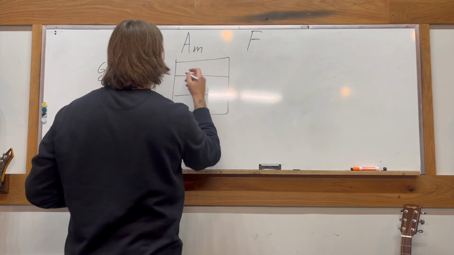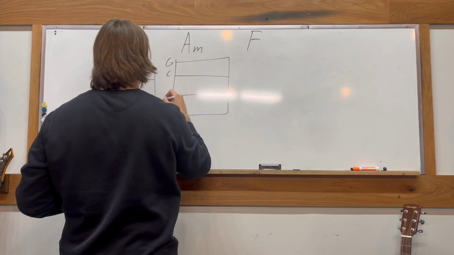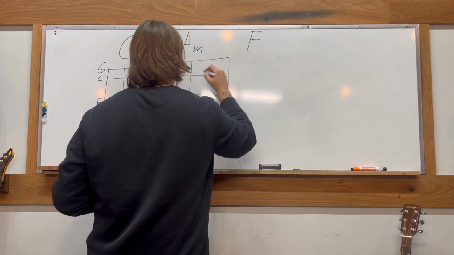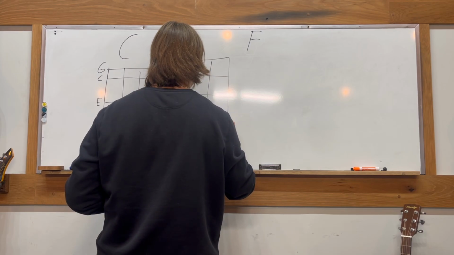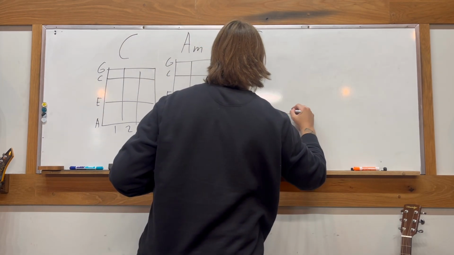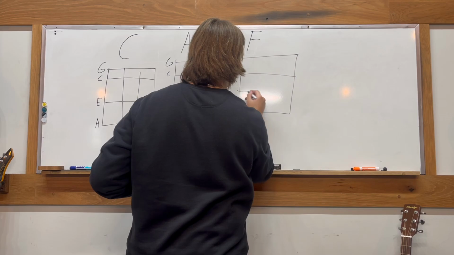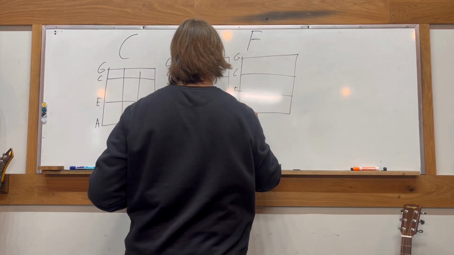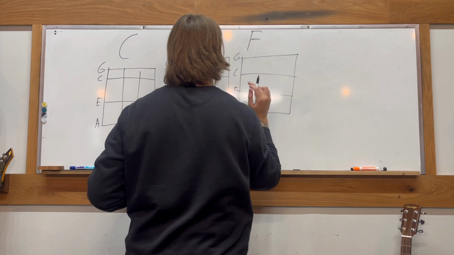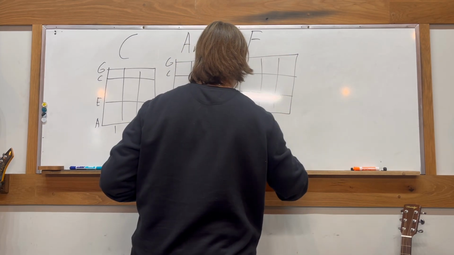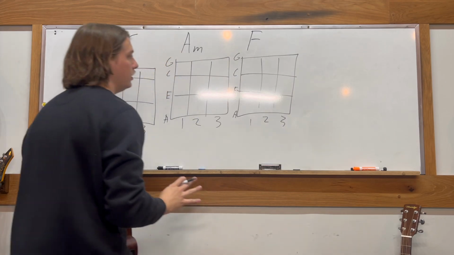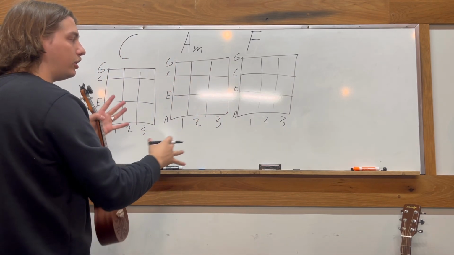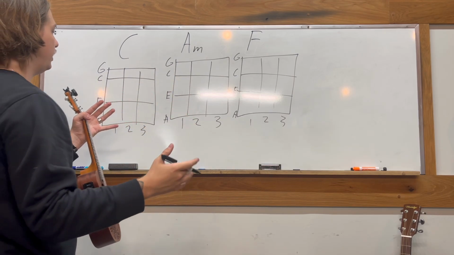In the last lesson, we learned how to read these chord diagrams. So if you are still confused on reading these, go back and watch that lesson again. So here are 3 chord diagrams. Remember, that word just means a picture that helps you to learn things.